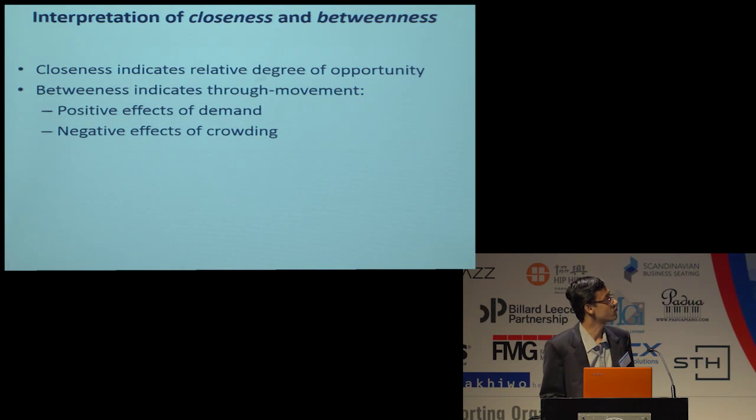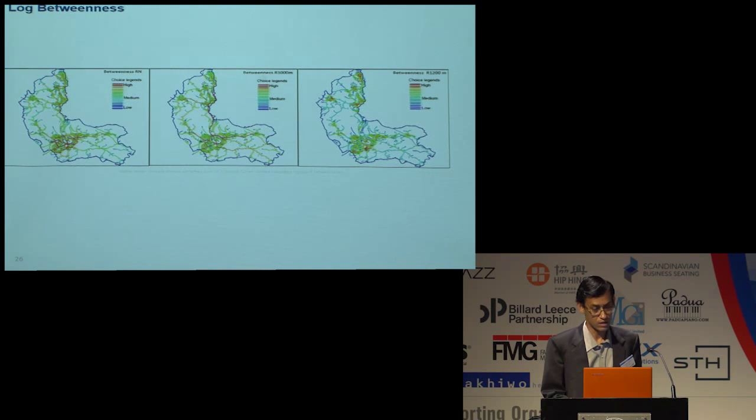Betweenness is through movement flow, and it may indicate the positive effects of demand or negative effects of, say, congestion, traffic density, crowding, etc. This is modeled at multiple spatial scales, 1,200 meters and 3,000 meters, and for all the links within the segment.